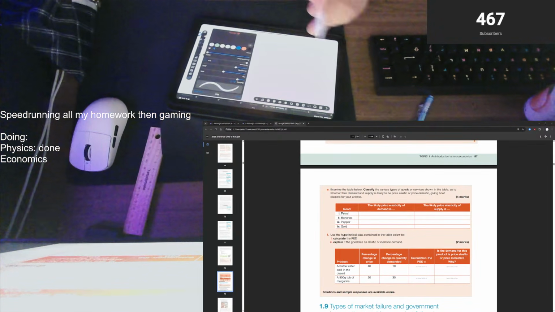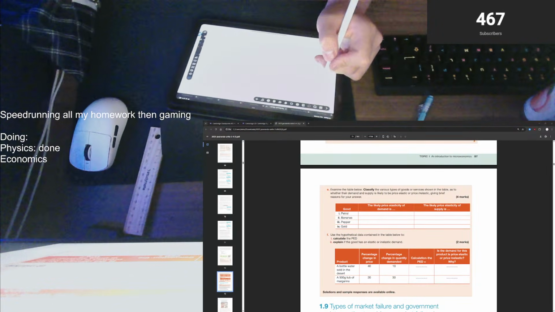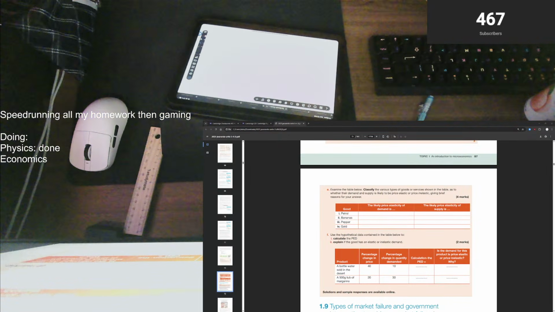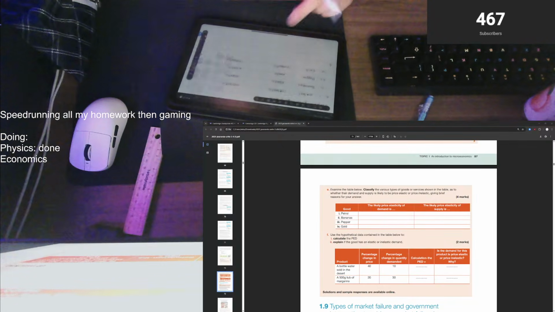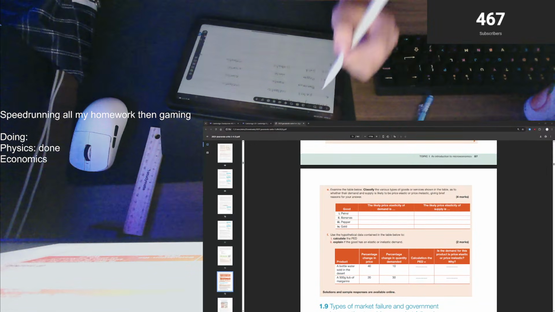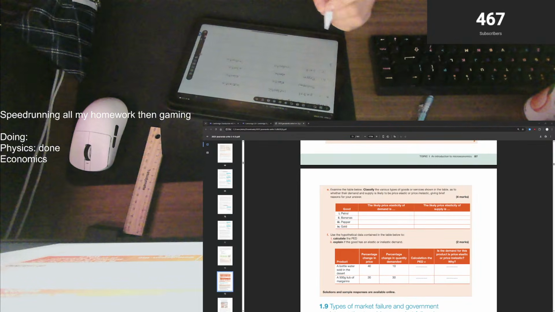It has stabilizing and a bunch of settings. And the best part is that it's free. Nice. Yep.